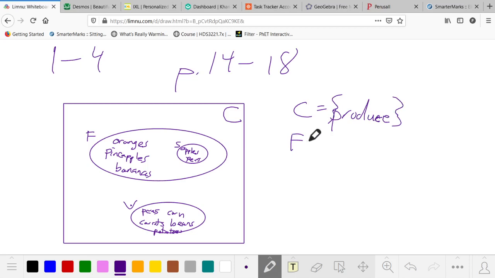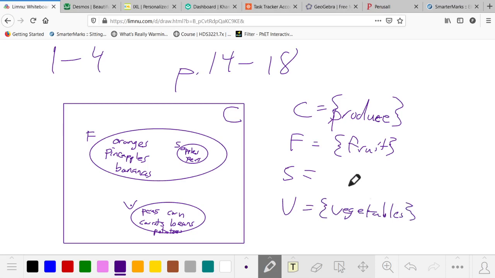F is the set of fruit. V is the set of all vegetables. And S is fruit that you can eat without peeling. I'm just going to write fruit you don't peel so it all fits on the screen here.